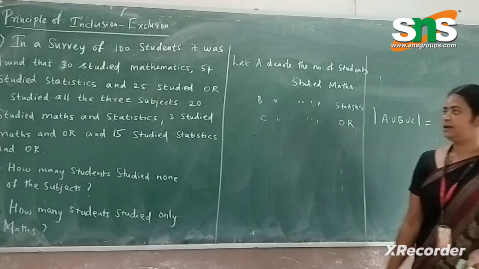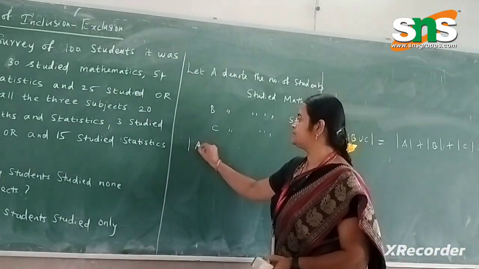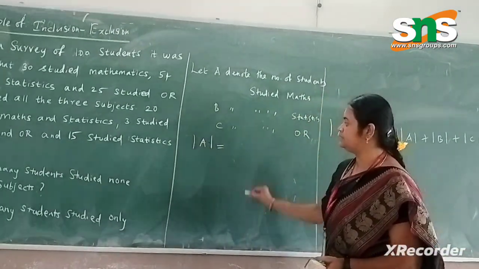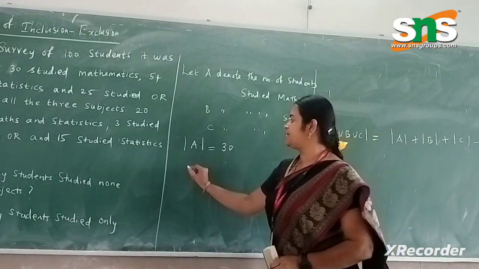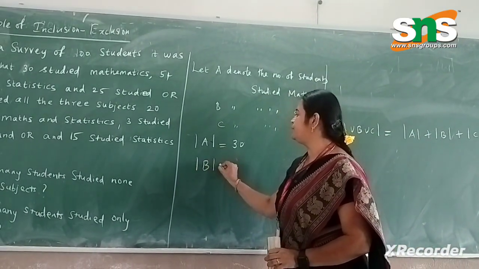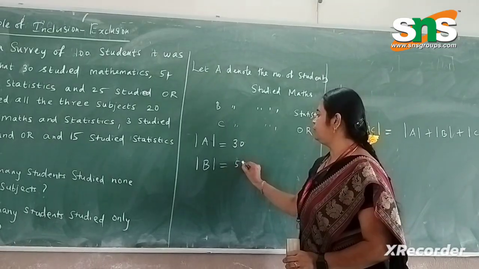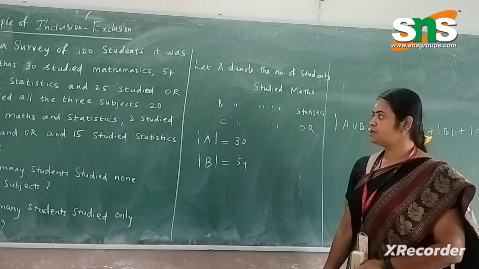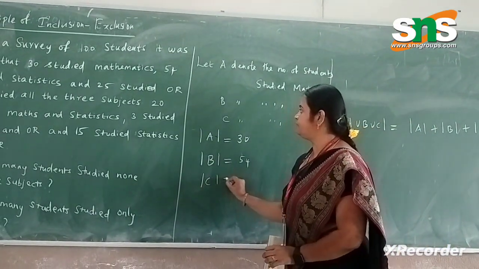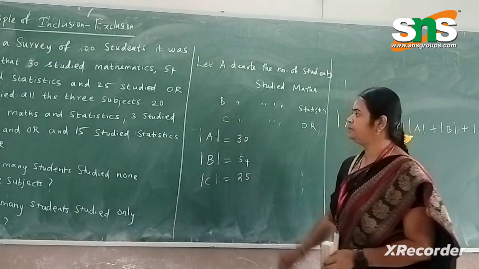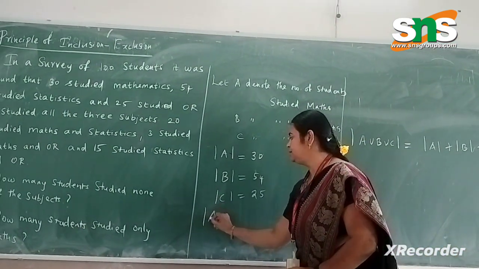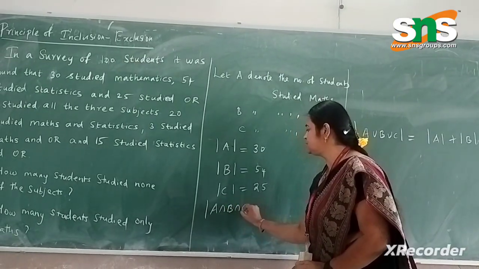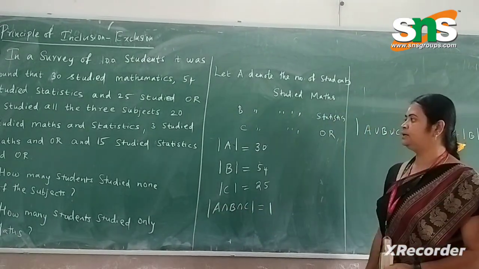What is given? Cardinality of A, the math students, is 30. Similarly the statistics students, cardinality of B, is 54. And the OR students, cardinality of C, is 25. One studies all the 3 subjects. So all the 3 subjects means A intersection B intersection C is 1.